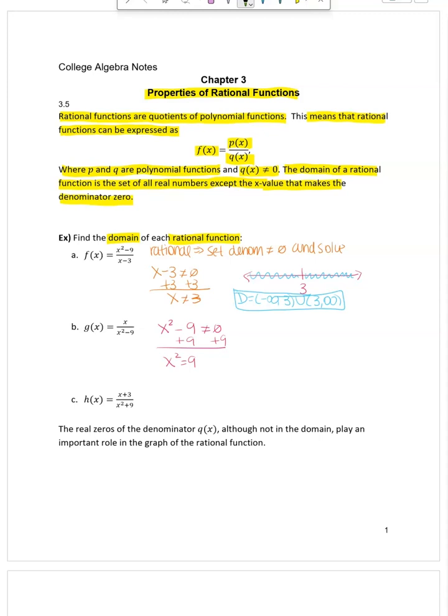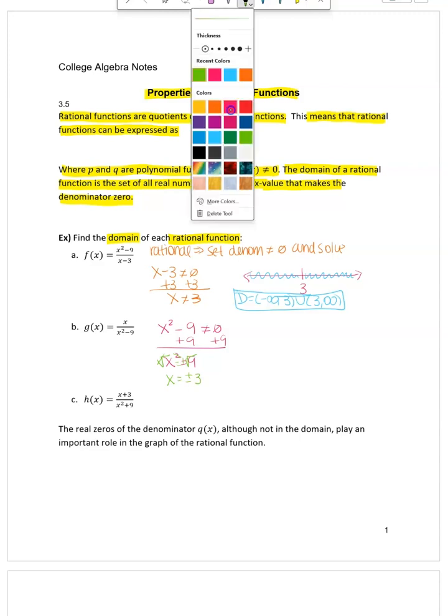How do you get rid of a square? With the square root. The square and the square root cancel, leaving us with x equals plus or minus 3. Please don't ever say square root of 3, because we've already done that operation to get the 3.